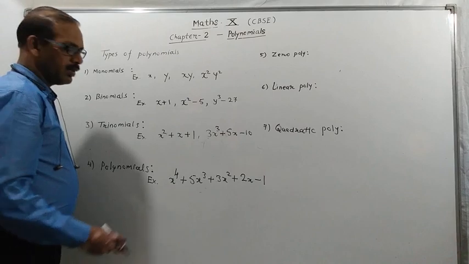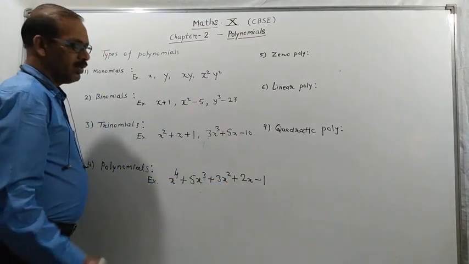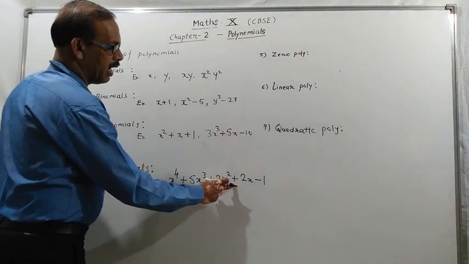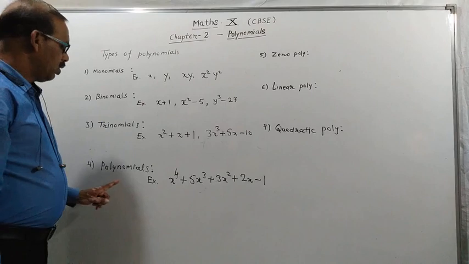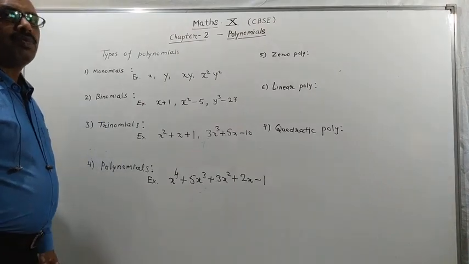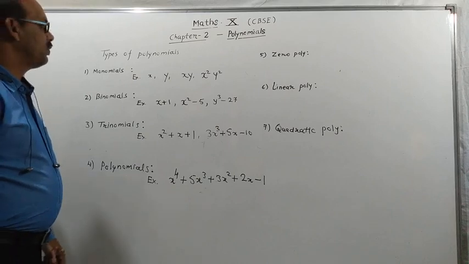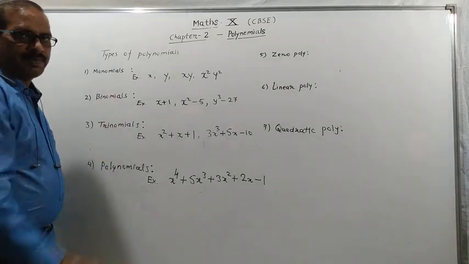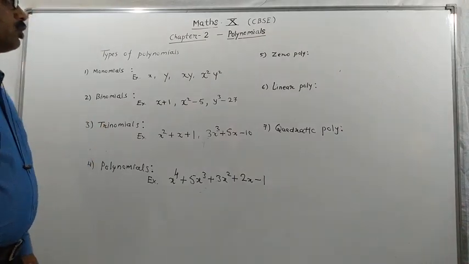If you count the terms, 1, 2, 3, 4, 5 terms are there, separated by either plus or minus sign. We can form many different examples of polynomials as well as monomials, binomials and trinomials. These are the main types of polynomial. Some more types follow.